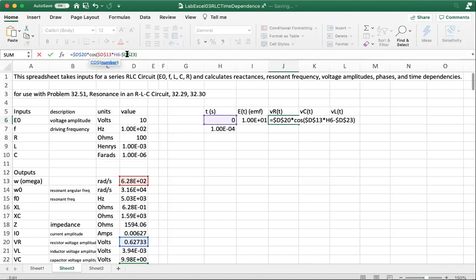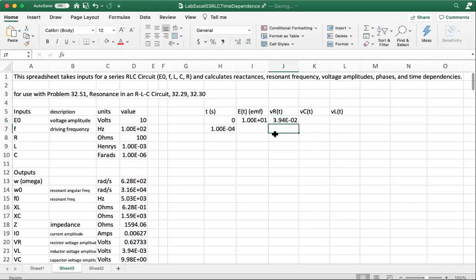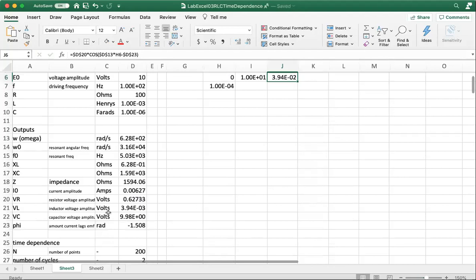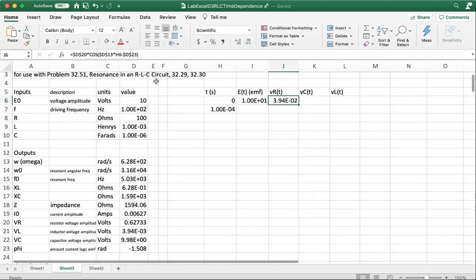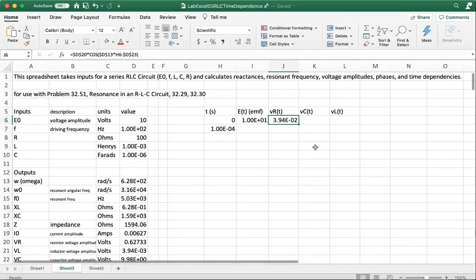All right. So that's our resistor voltage. And here we're subtracting, so that means we're lagging by D23. D23 is this phase, which is negative pi over 2. So that actually means we're leading. The current is leading the EMF by around 90 degrees. So hopefully we can see that when we plot them.